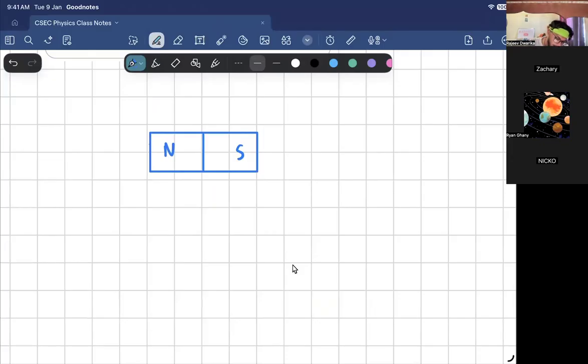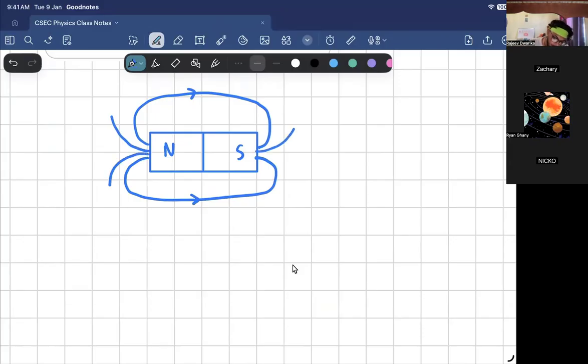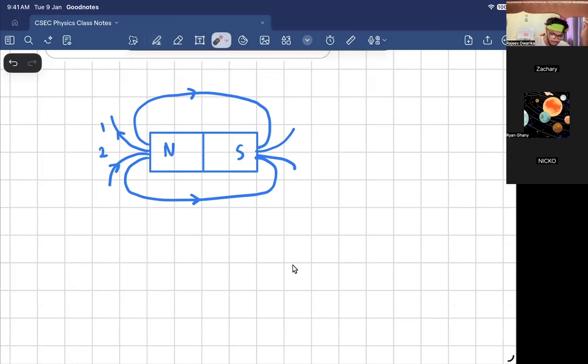So the magnetic field lines are going to leave north and go to south, and it's going to be like that. We call these the magnetic field lines. So Nikolai, if I had to draw an arrow here, would I draw the arrow in this direction or that direction? One or two? One, because remember, it leaves the north and goes to south. It would never be two.